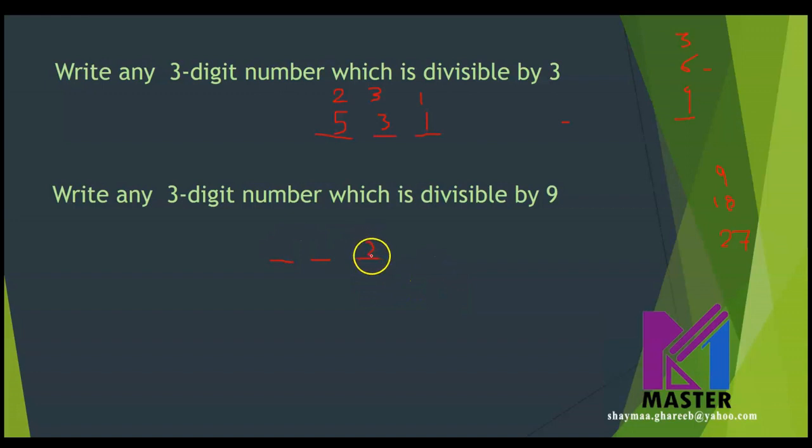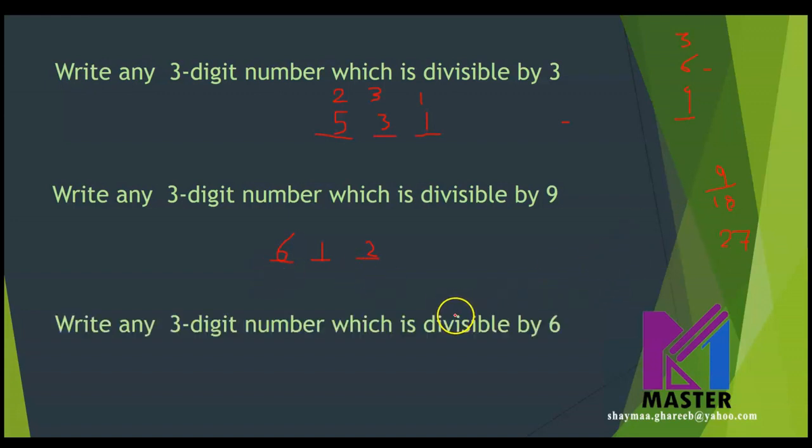I can write, for example, 2, 1. This is 3 so far, right? So I will wait when I write the number in the hundreds. What do you think? So far I have 3. I can add 6, so the sum will be 9. Then 612 is divisible by 9. So for the first 2 digits, we write any 2 digits. Then for the third one, I think about which multiple of 9 to complete.